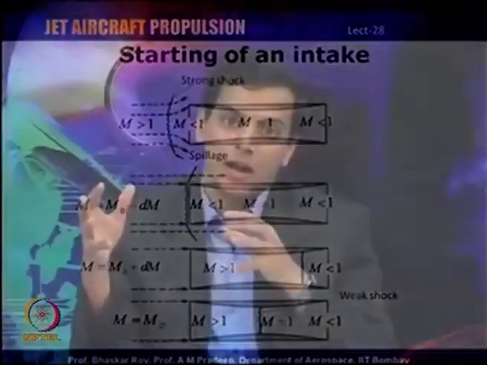Though I have explained it in simple terms, in an actual engine it is not that simple to establish a stable shock system by accelerating beyond the design Mach number and so on. There are other ways of implementing this by changing the throat area and so on. I have not discussed that here, but in simple terms, establishing a stable shock structure right after the throat is very essential for efficient operation of the engine, because that is when you have minimal total pressure loss without any spillage.